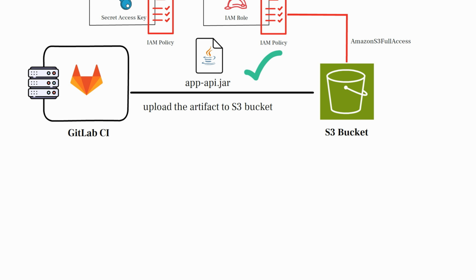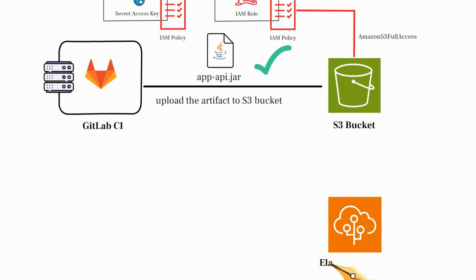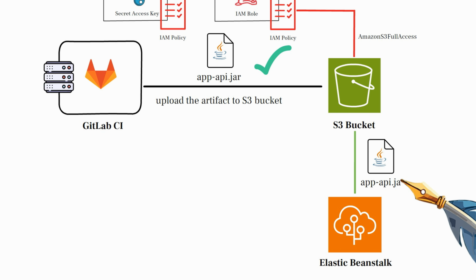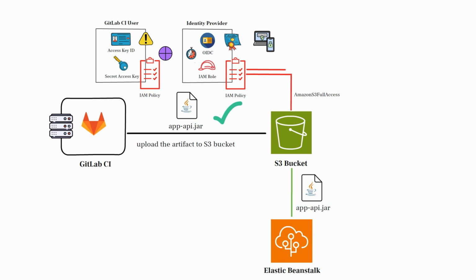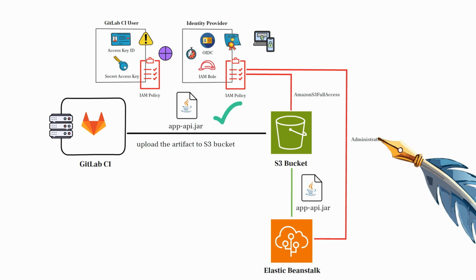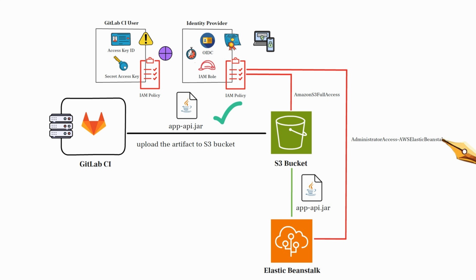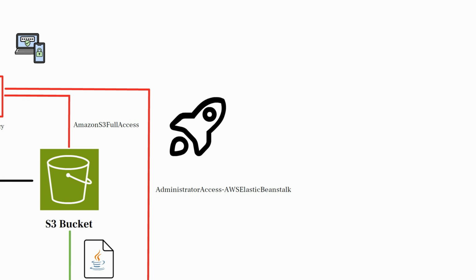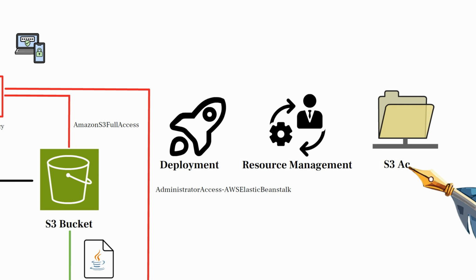If Elastic Beanstalk needs to access artifacts from S3 to run and deploy applications, or in this case, the app-api.jar file, you must attach the AdministratorAccess-AWSElasticBeanstalk policy to your Elastic Beanstalk. This policy is useful when you need broad permissions for managing all aspects of Elastic Beanstalk applications, including deployments, resource management, and S3 access.